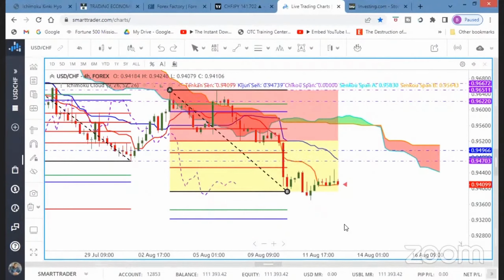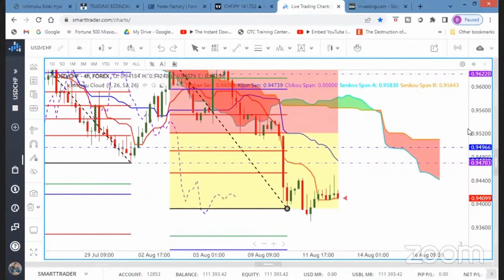Okay, I just wanted to see that. So as of right now, I'm just thinking through this. It's broken. What would have normally been that trend line is the Tenkan. So in this case, what would you do? Would you wait for it to then break the Kijun?